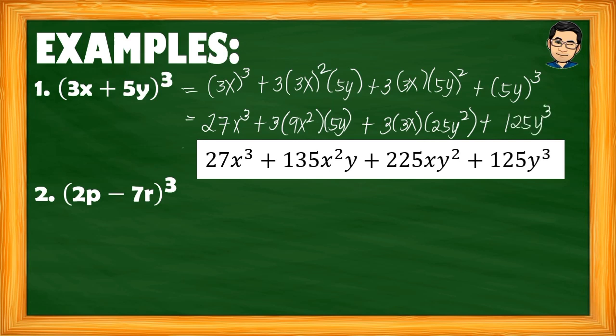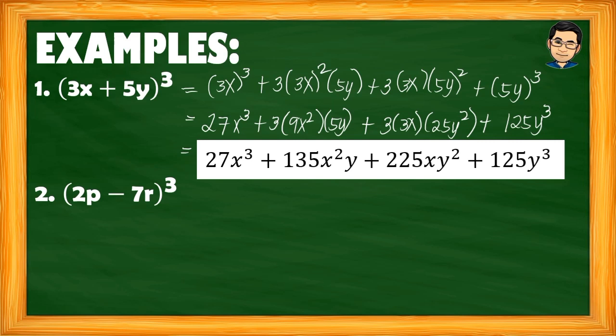And then, 27x cubed plus, so the product of 3, 9x squared, and 5y is 90x squared y. And then, yung third term naman, so 3 times 3x, that is 9x, times 25y squared, this will be 225xy squared. And then, plus 125y cubed.